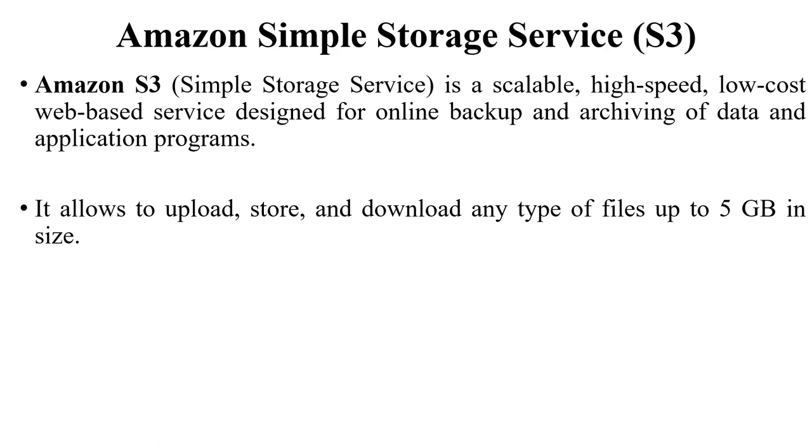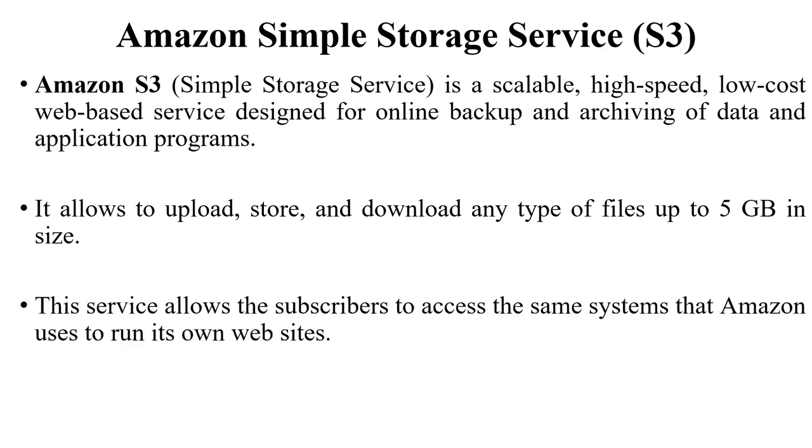Whatever the type of file, it is simply an object. One object can be up to 5 GB in size. If the single file is more than 5 GB, you can still upload it, but you need to use a programmatic approach.